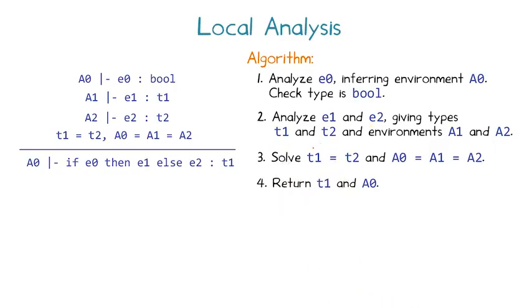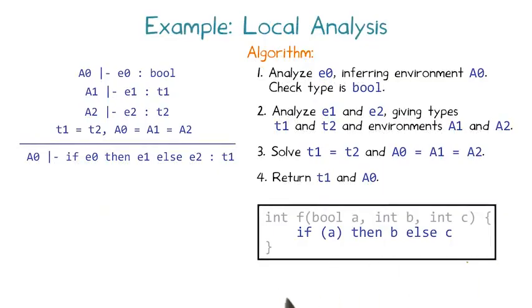Finally, the side conditions T1 equals T2 and A0 equals A1 equals A2 would need to be satisfied. If the algorithm is able to satisfy these constraints, then it returns the type T1 of the expression in the conclusion, as well as the environment A0 needed to prove that the expression is of type T1.